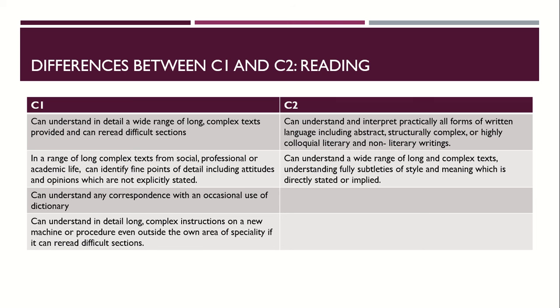On C2 level, the user can understand and interpret practically all forms of written language, including abstract, structurally complex, or highly colloquial literary and non-literary writings. Can understand a wide range of long and complex texts, understanding fully subtleties of style and meaning which are directly stated or implied.